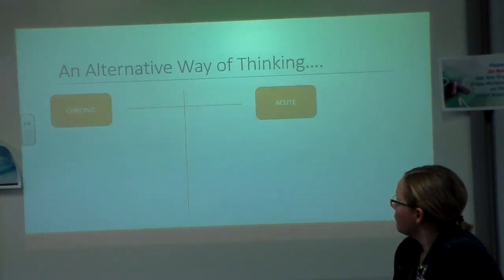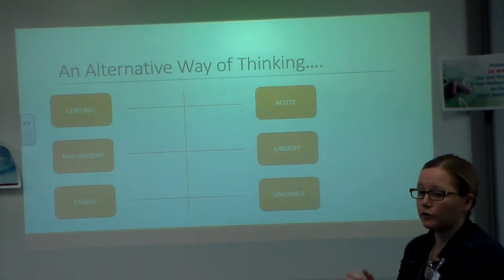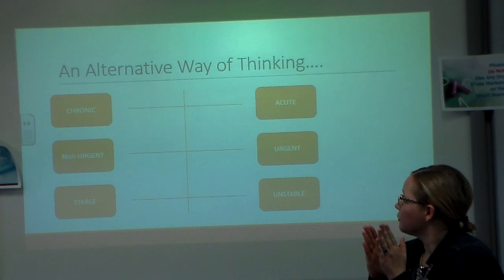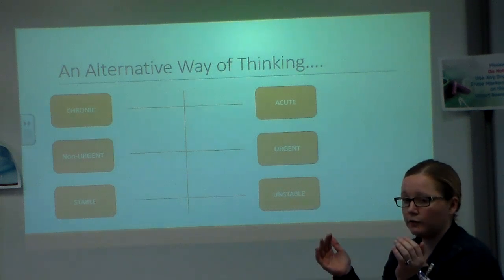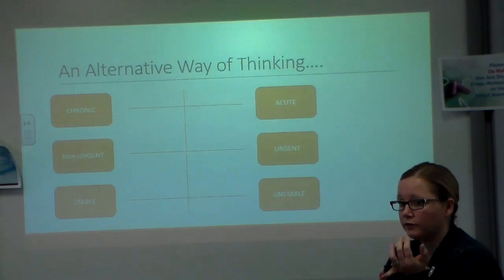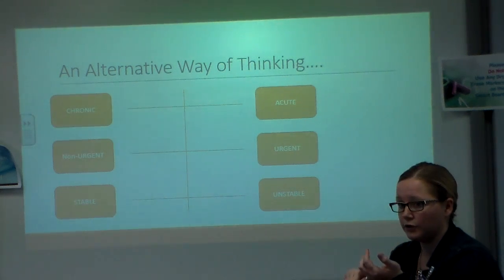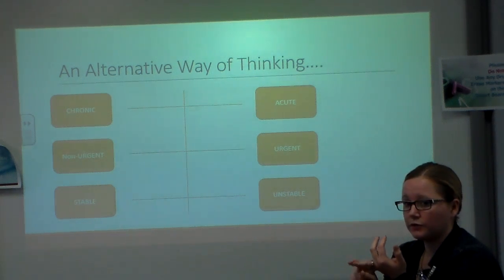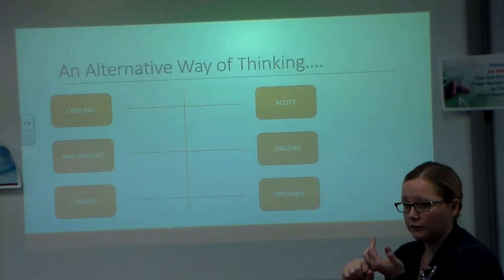I've created this little spectrum. The piece of paper that I've handed you goes on that top line from chronic to acute. So let's say you're looking at a question and you want to know who is the priority patient. Think to yourself, do they have a chronic situation or is it an acute situation? The second thing, is it a non-urgent situation or an urgent situation?